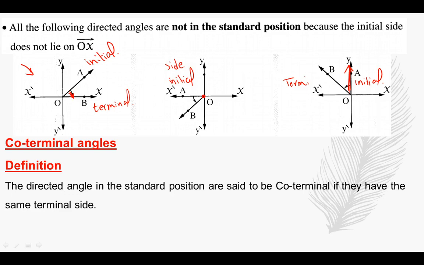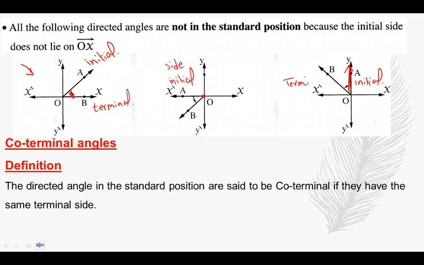These angles are said to be coterminal if they have the same terminal side.